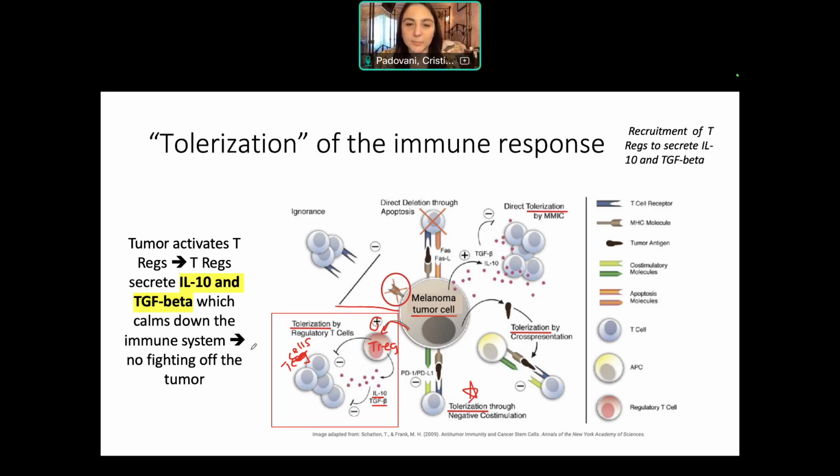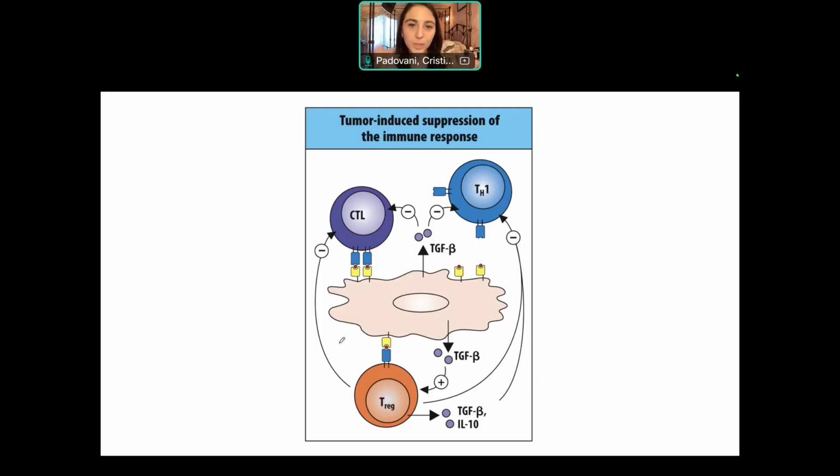One of the main ways is that it acts on your regulatory T cells to upregulate IL-10 and TGF-beta to downregulate the immune response to the tumor cell. So this picture is showing tumor-induced suppression of the immune response. Here's your tumor cell in the middle, and it's going to activate a Treg to secrete TGF-beta and IL-10, which will basically shut down your T helper cells as well as your cytotoxic T cells.